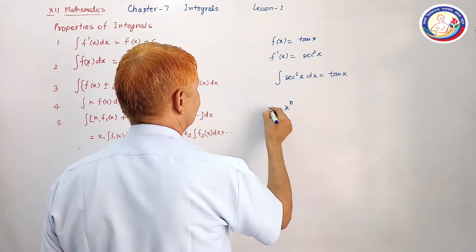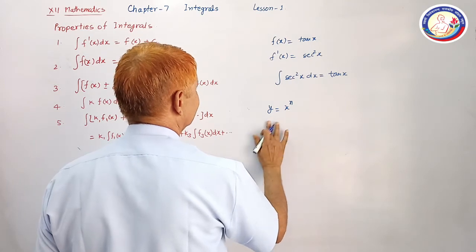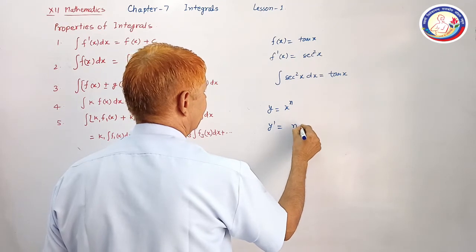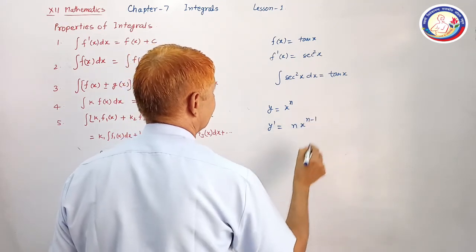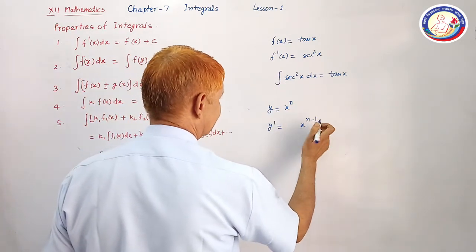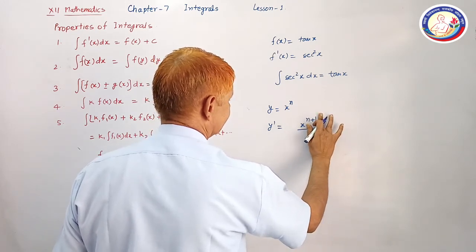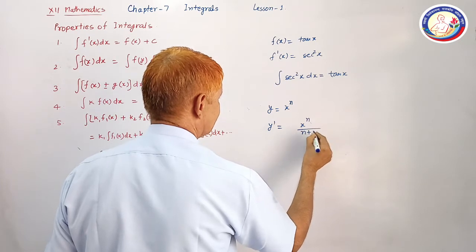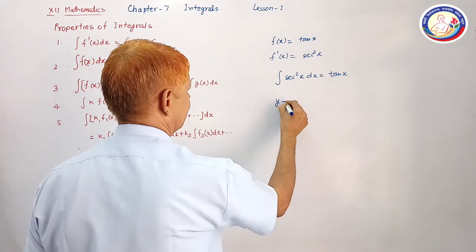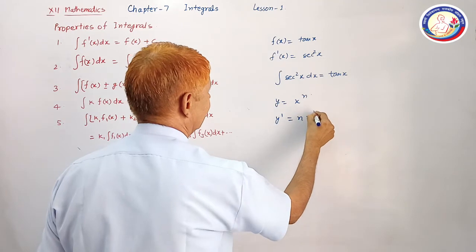If the function is y equal to x raised to power n, then the derivative y dash or f dash x is n x raised to power n minus 1. Or if it is like this, n plus 1, then the function will be x raised to power n and its derivative is n x raised to power n minus 1.